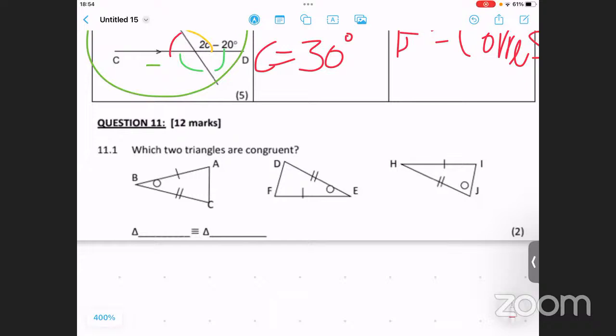Okay, we are having three triangles here. By looking at these triangles, which ones are congruent? Is it ABC and DEF, or DEF with HIJ, or HIJ with ABC?